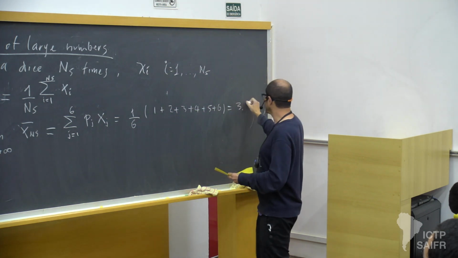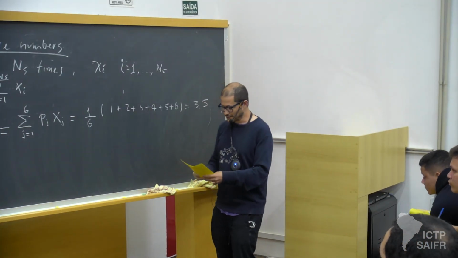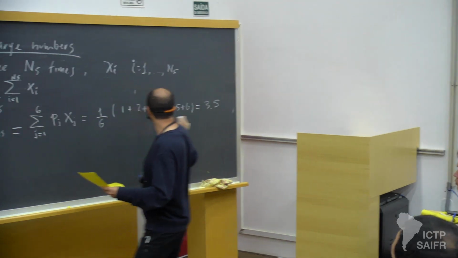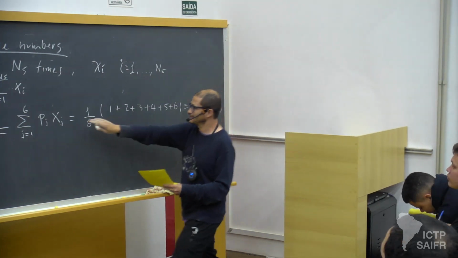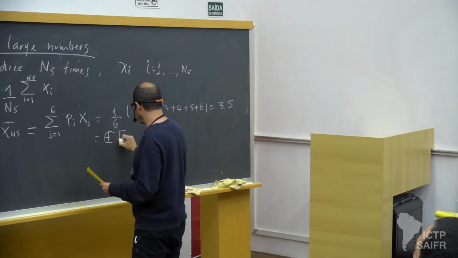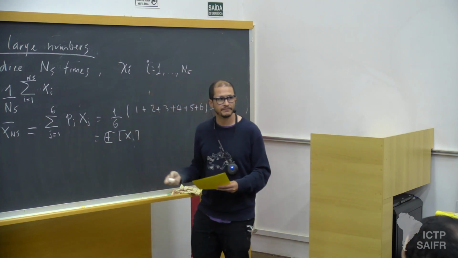That's 3.5, okay? All right, so this is part of it. So the average over the outcomes converges to this, which is the expected value of x.